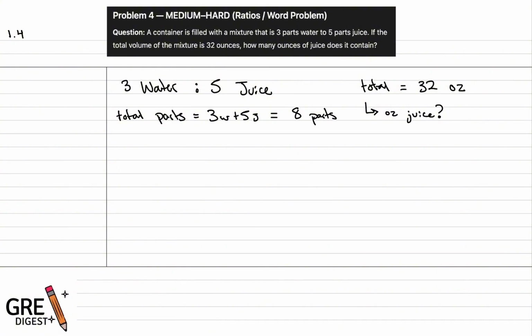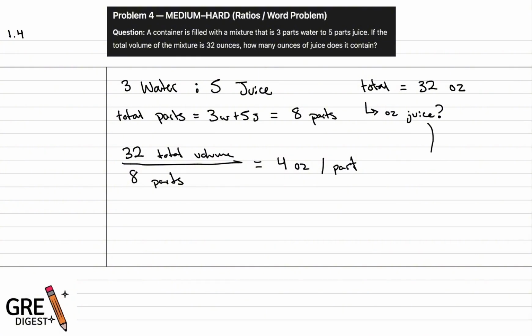Now what we can do is take the total of 32, which is our total volume, divided by our 8 parts. And that is going to give us 4 ounces per part.